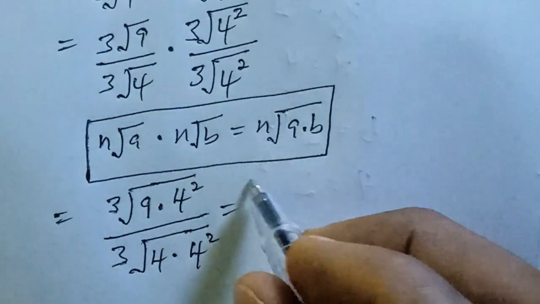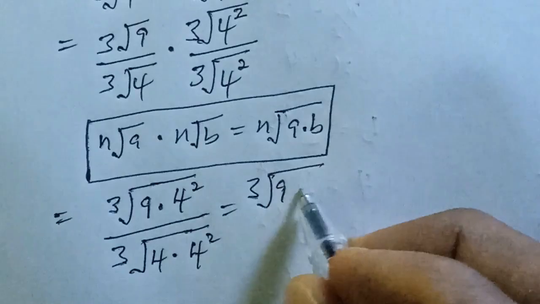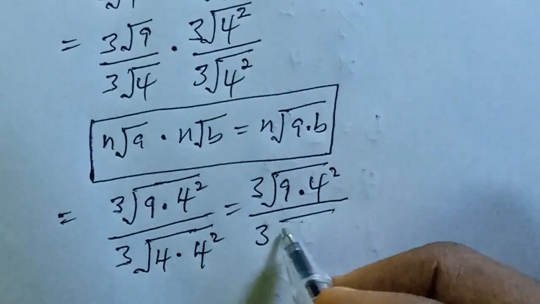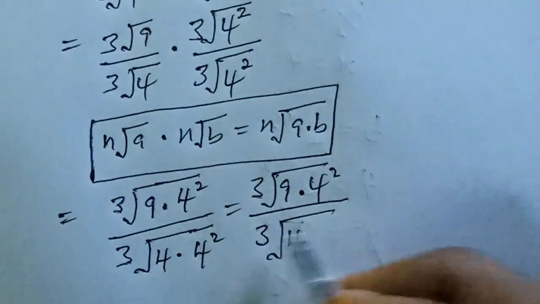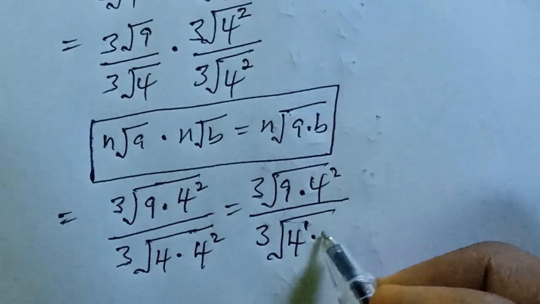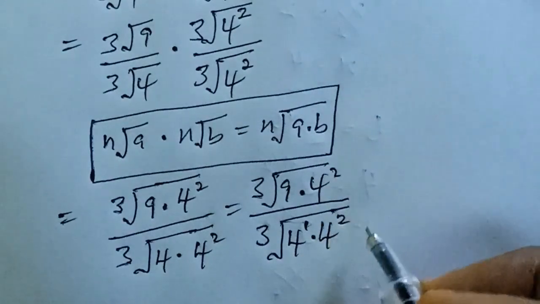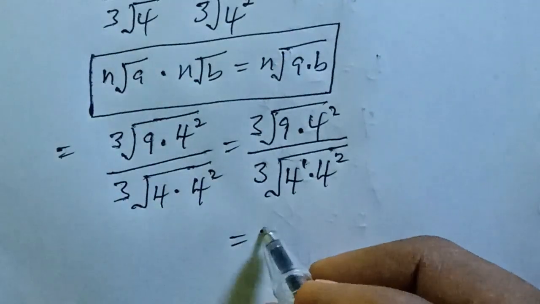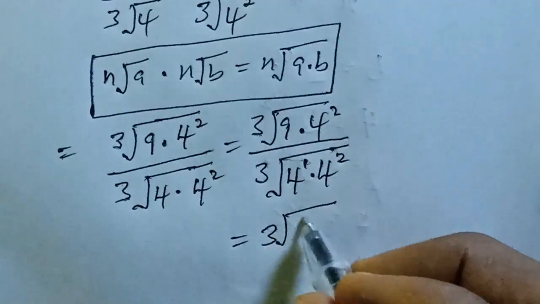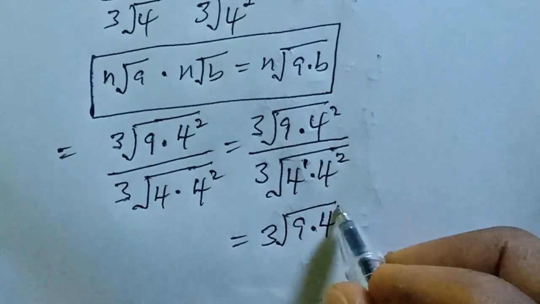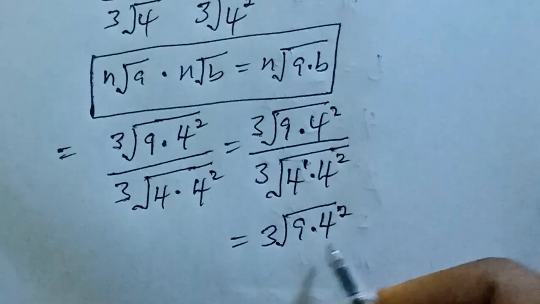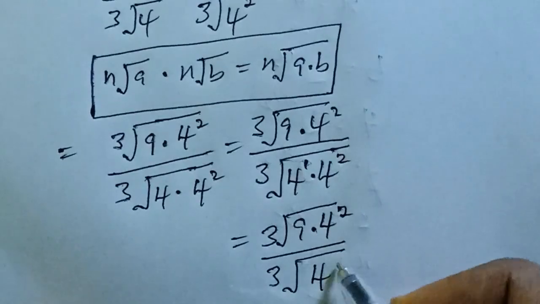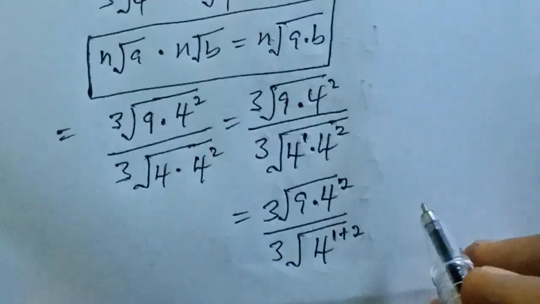Then this can be written as the cube root of 9 multiplied by 4 raised to power 2 over the cube root of 4 raised to power 1 plus 2.